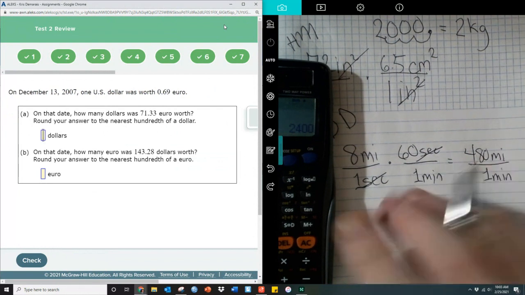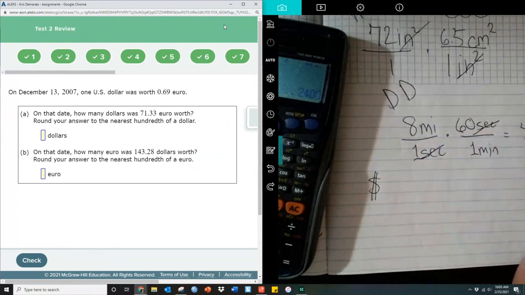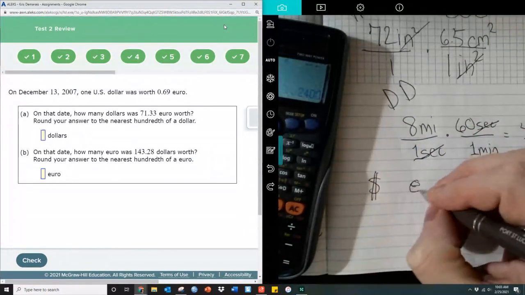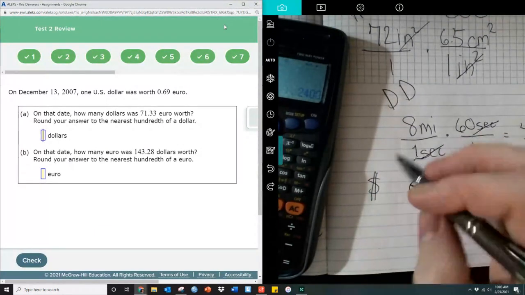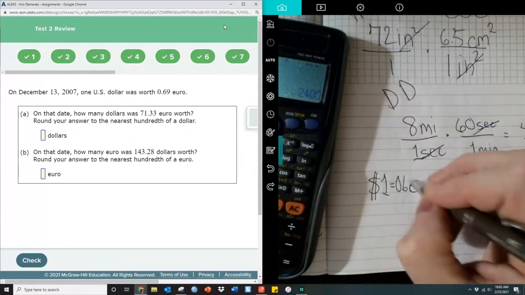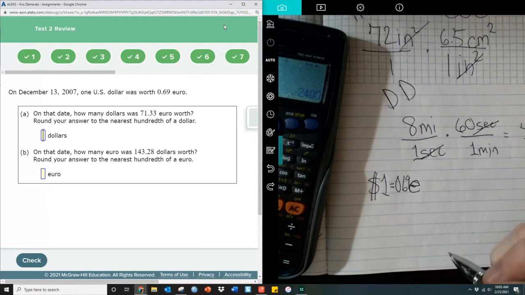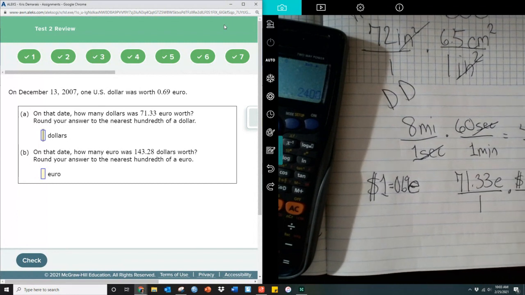Now this one right here is the euro and the dollar. Remember, use the dollar sign for a dollar and use a lowercase e for euro. In that case, we have $1 equals 0.69 euro. I kind of squeezed that in there. Now we're taking 71.33 euro, putting it over 1. Take the euro, put it on the bottom here, put the dollar sign up there, and $1 equals 0.69 euro.